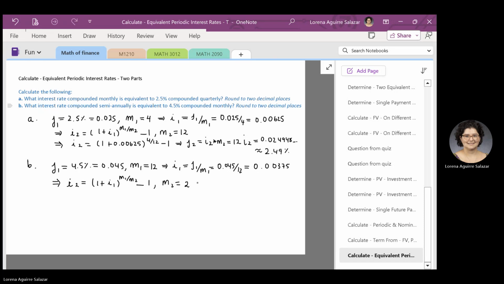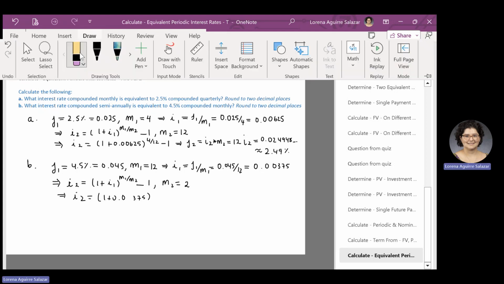So I2 turns out to be the expression 1 plus 0.00375, I think I missed a 0 here, raised to the M1 divided by M2. M1 is 12 and M2 is 2. And then take away 1.